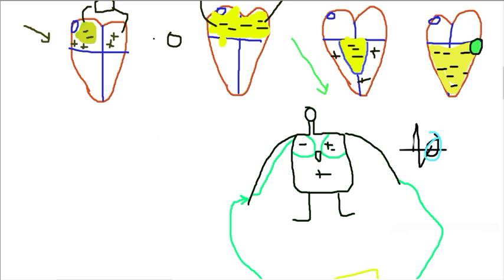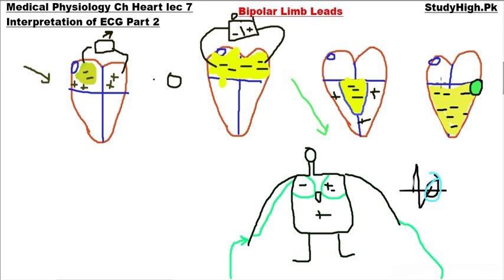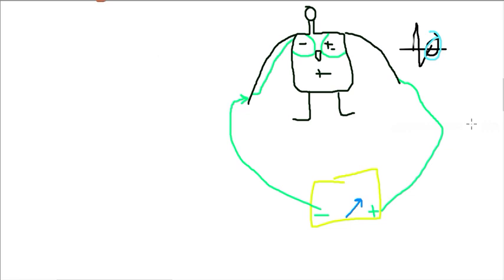And to determine how much of this QRS vector will be recorded by our lead 1, first we must know we have connected our lead 1's negative terminal with the right arm and the positive terminal with the left arm. It means that through our right and left arm, the negative terminal is indirectly connected with this side of the heart, and the positive terminal through our limb is indirectly connected with this region of the heart.